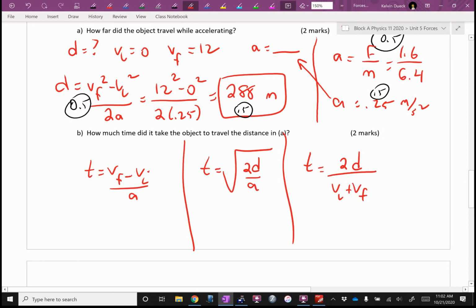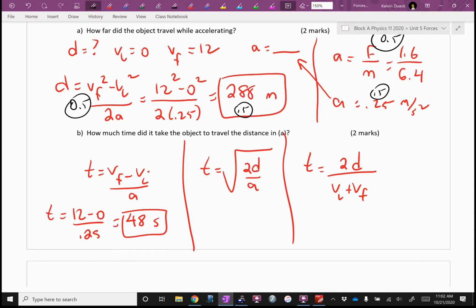I think all of those would work. This one I think is the laziest way to get the easiest equation to rewrite. So it's going to be VF 12 minus 0 divided by 0.25. Did you get 48 seconds?